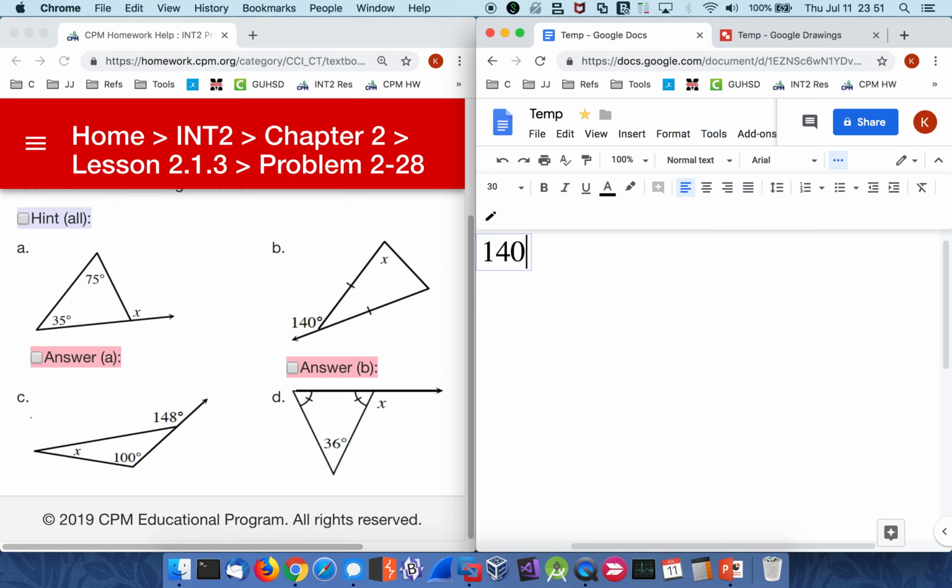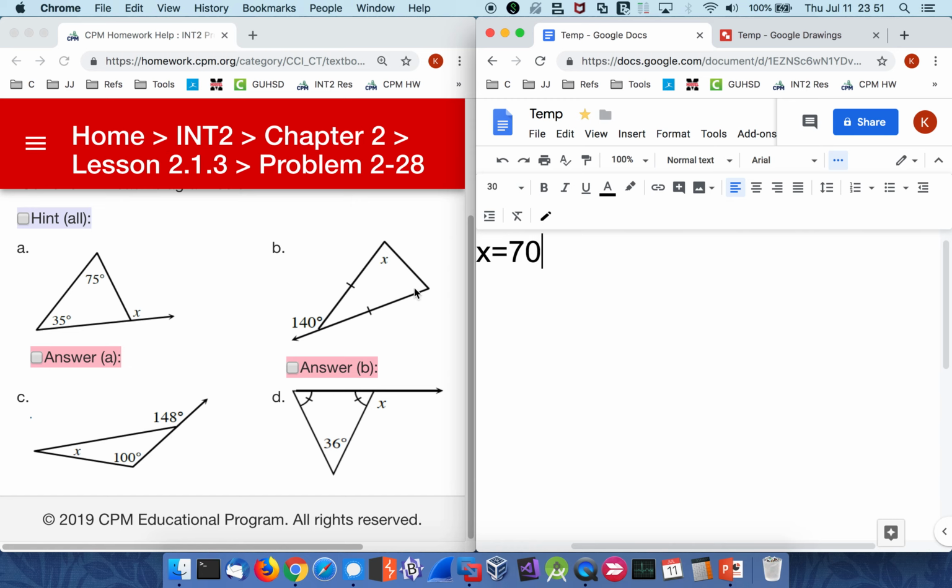So actually we can write 140 equals x plus x, or 140 equals 2x. Well, that's pretty easy. Divide this side by 2, divide this side by 2. And then you're going to get x equals 70.